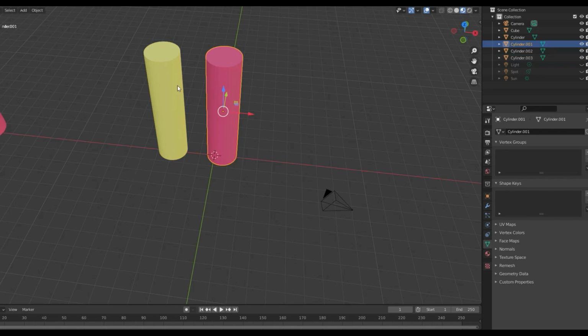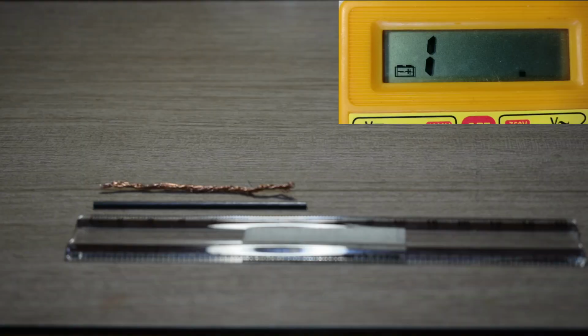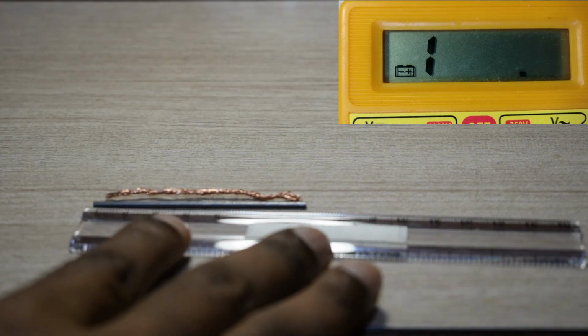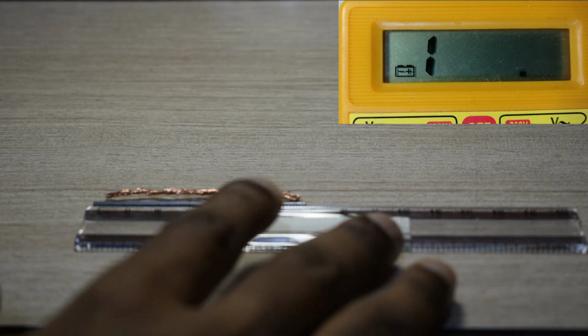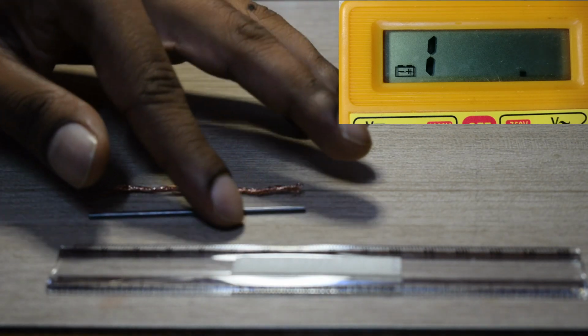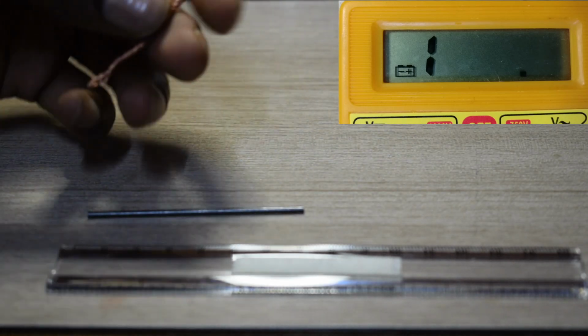Both the areas of cross section and length are the same. They might not look it when I show you the video, but they're almost the same length and area of cross section. So I have the lead and copper wire, same length and area of cross section.